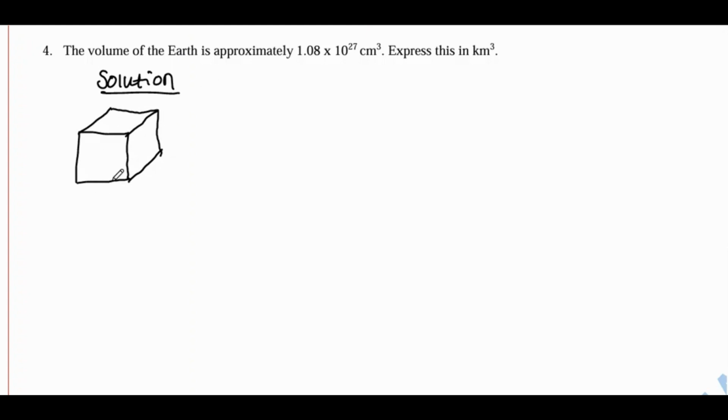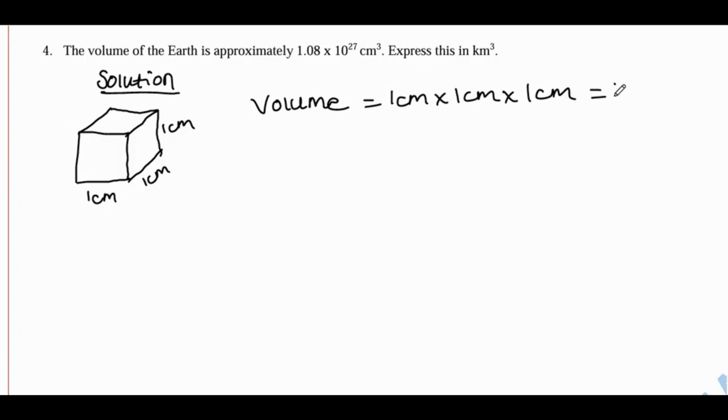Now this is a cube of side length 1 centimeter. The width is 1 centimeter and the height is 1 centimeter. Now the volume of this cube is given by length times width times height, which is 1 cubic centimeter.